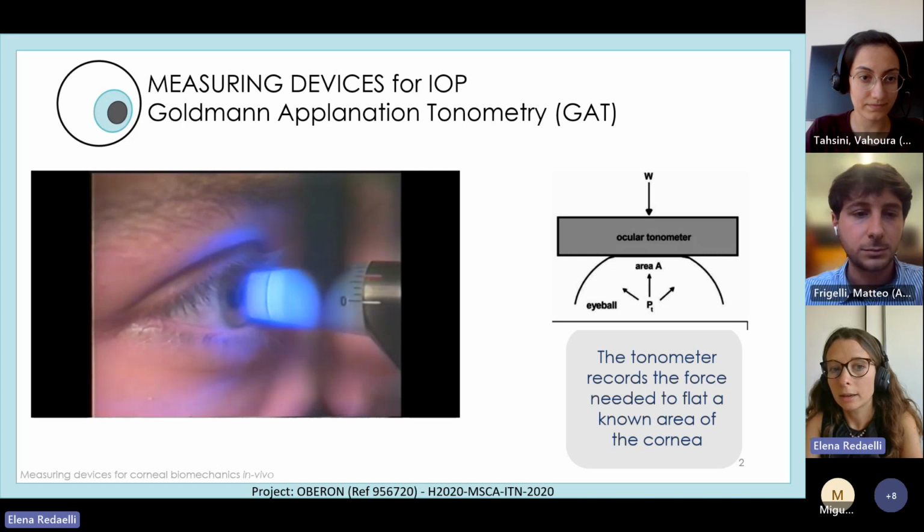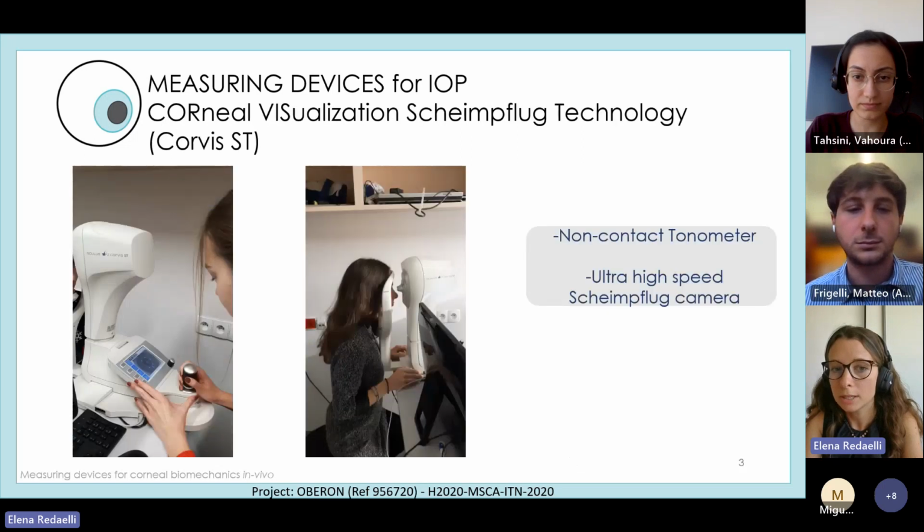We will see that this is an approximation because the deformation of the eye during the tonometry is the result of the coupled effect of 4 factors. But we will see it also with Corvis, that is the second device that I want to present to you, used to measure the intraocular pressure.